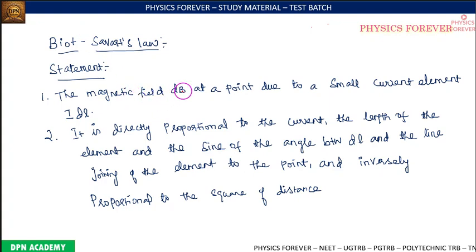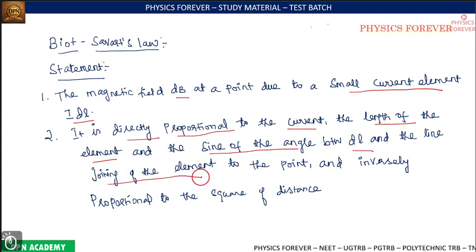The magnetic field dB due to a small current element IDL is directly proportional to current and the length of the element and the sine of the angle between DL and the line joining the element, and inversely proportional to the square of the distance between them.